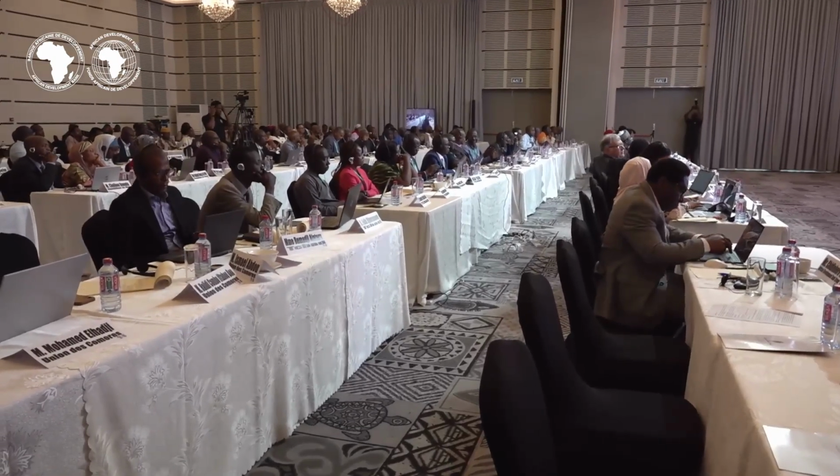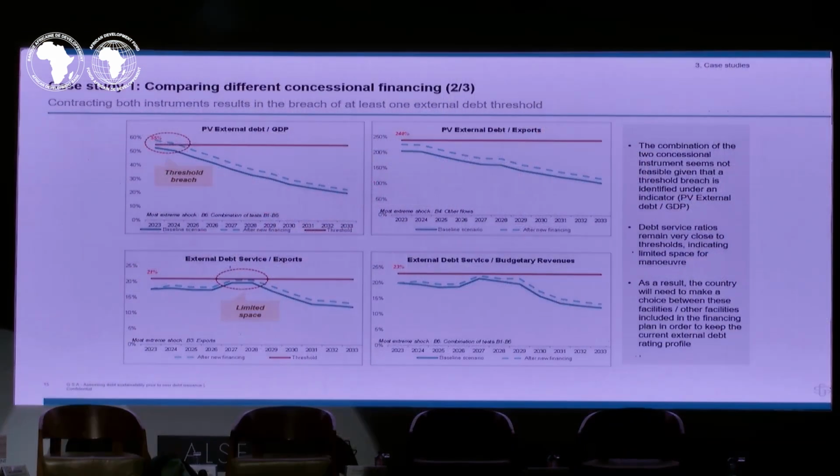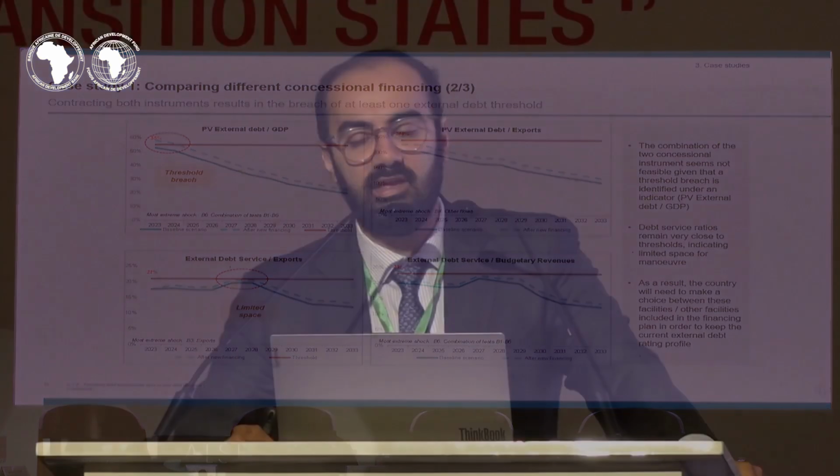So that's what we have here. What we are looking at is, if this specific country is contracting these two loans, we are looking at a breach, right? We are breaching the PV of external debt to GDP ratio because of these two additional loans.